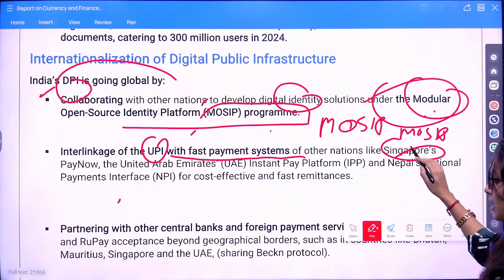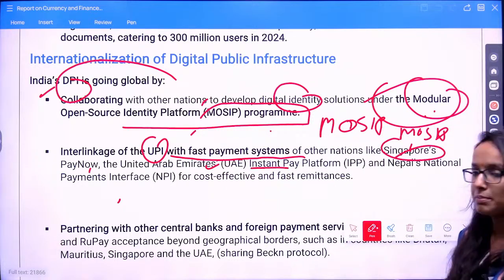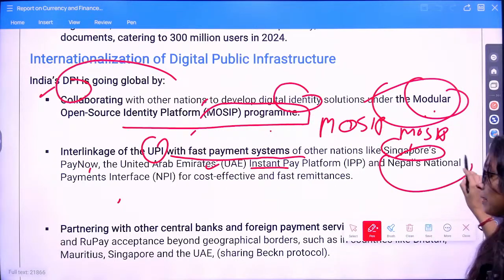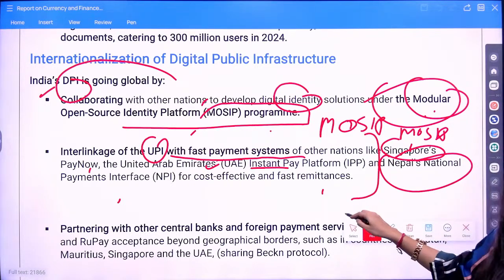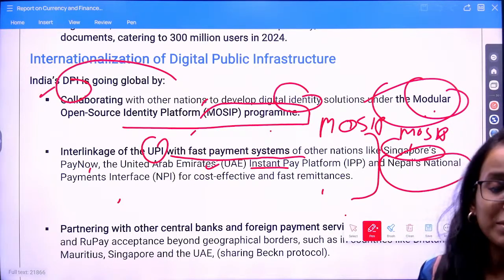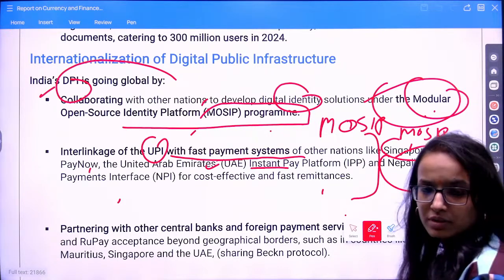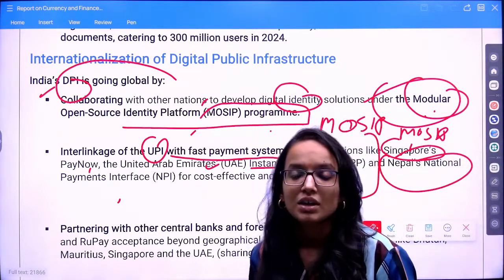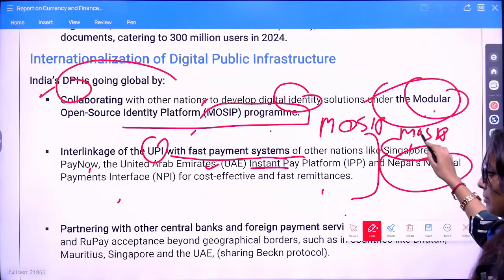So remember, Singapore's PayNow, UAE's instant pay platform, then we have Nepal's national payment interface for cost effective and fast remittances. So this has helped us in terms of remittance transfer as well. That's why you see India has been at the top in terms of receiving the remittances in terms of volumes, right? So remember this thing.